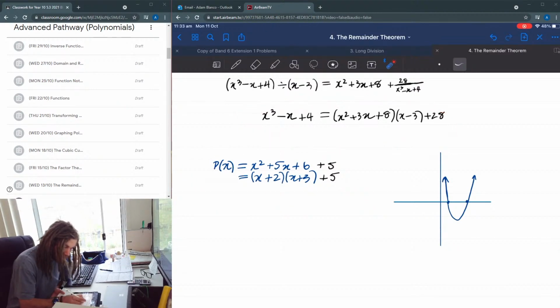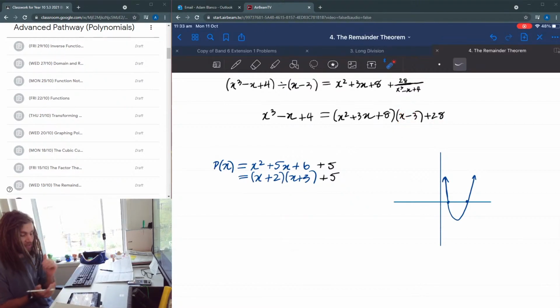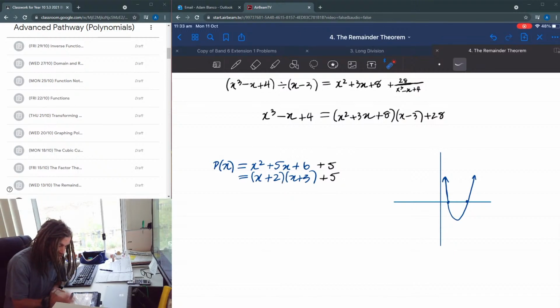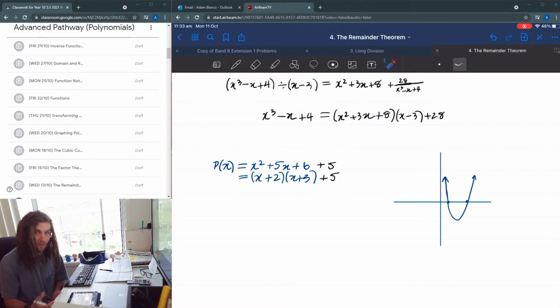If I input a 3 here, that's going to be 0, and my answer is going to be this remainder, 28. That's just how far up or down I've moved the graph. It doesn't matter what's in my set of brackets. If I put in the value that makes this thing equal 0, what I end up with is my remainder, so this plus 5, or this plus 28.